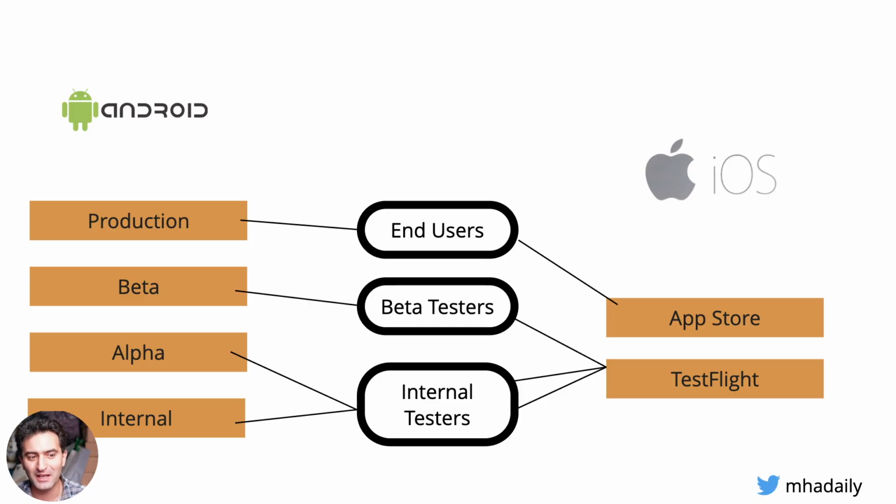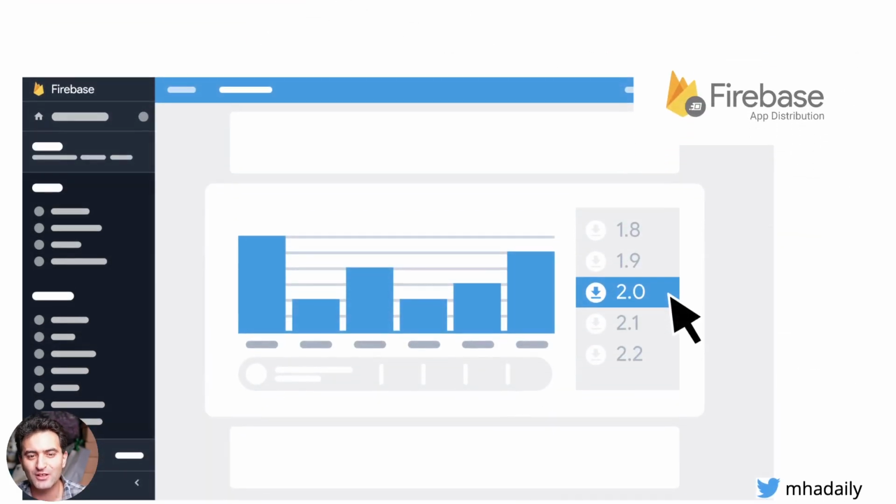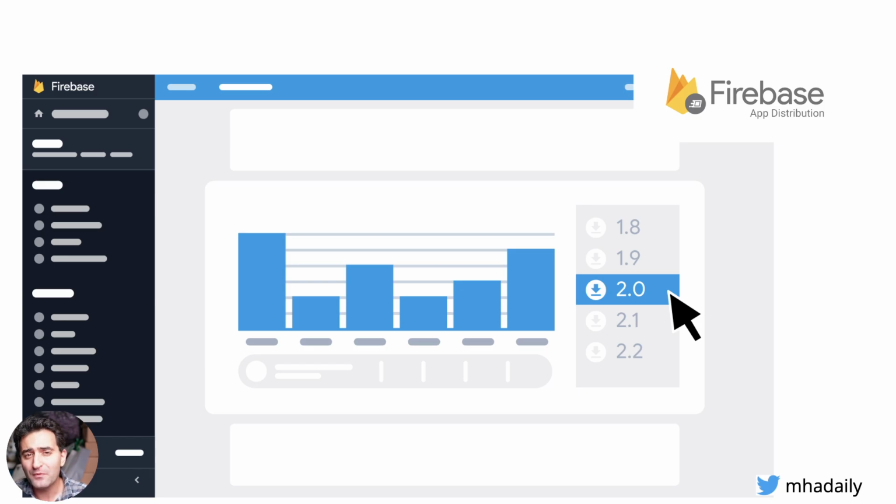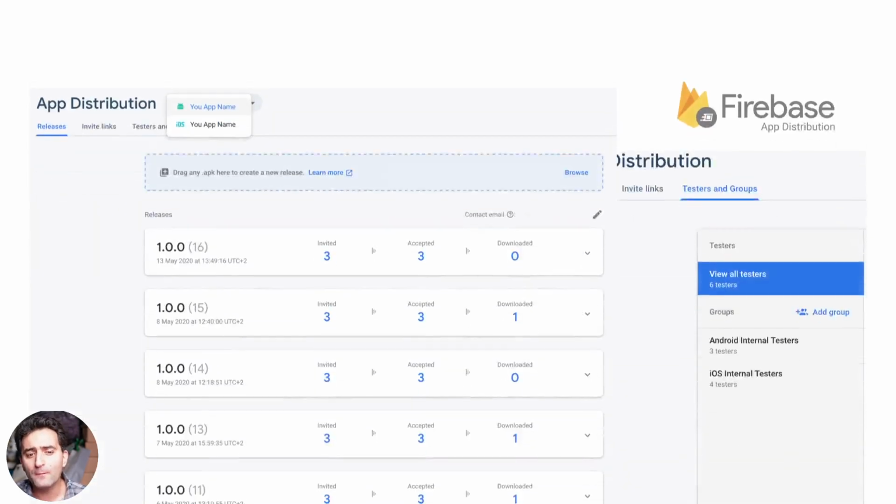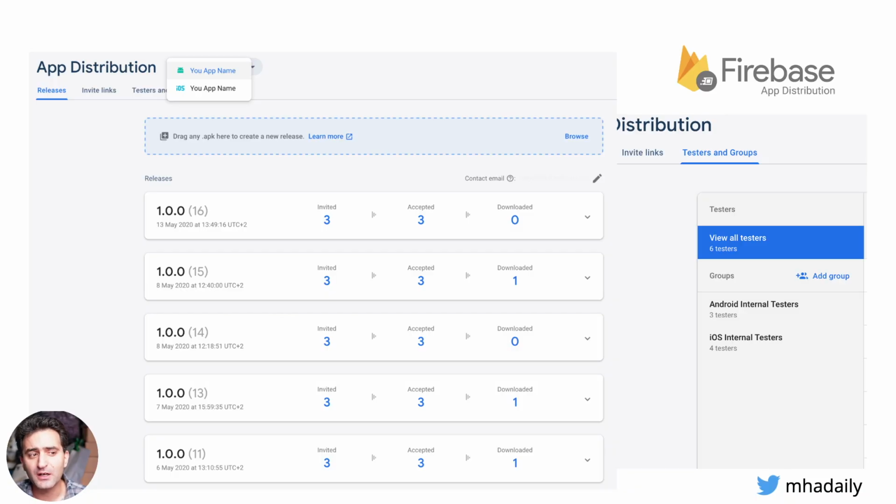My internal testers can receive it from different branches as well. It may not exactly match, but there are different solutions that you can match that to. For example, you can use tools such as Firebase App Distribution or App Center from Microsoft that help you deploy without going through any of these app stores.